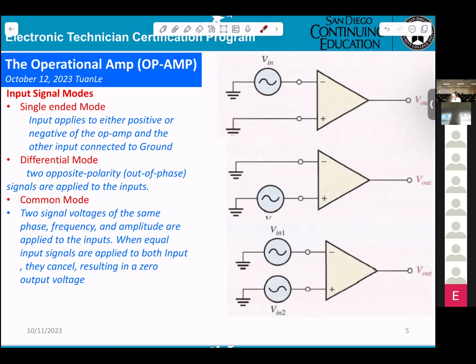That means if two identical inputs are applied to positive and negative, they cannot go to the output. They are considered to be noise, that means the unwanted signal. The op-amp will try to stop it, not allow it to go to the output.